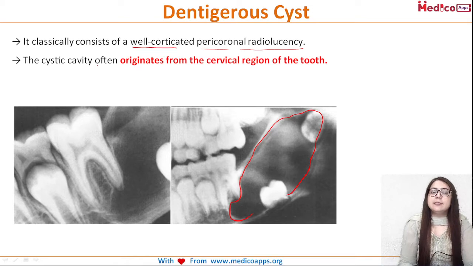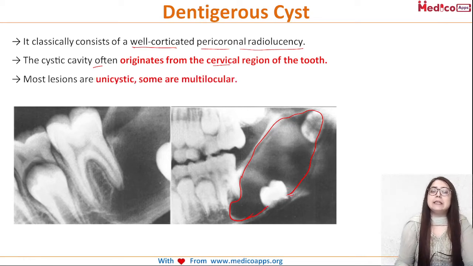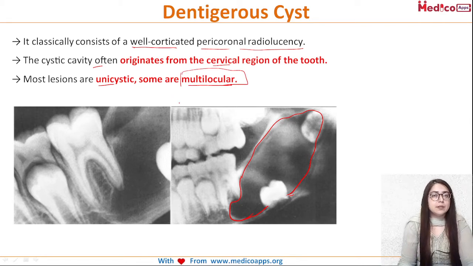Then the cystic cavity often originates from the cervical region, as I already told. Most lesions are unicystic, but there are cases where we can see a multilocular appearance. About 90% of the time it is unicystic, and it is generally seen in the second and third decades of life, involving the third molar.